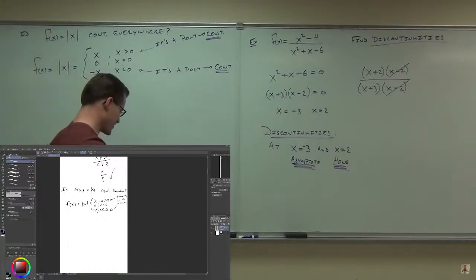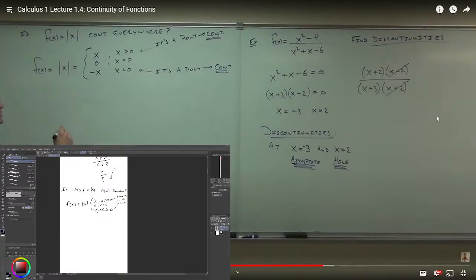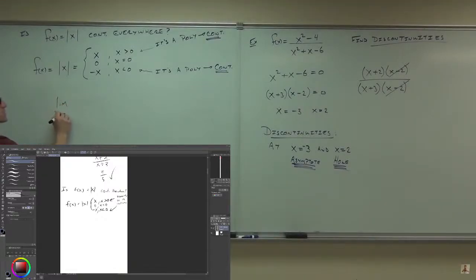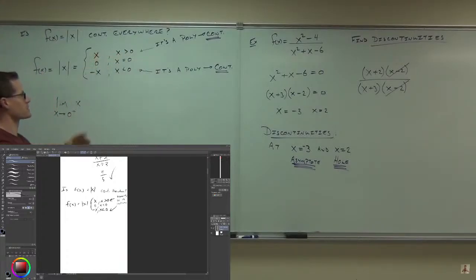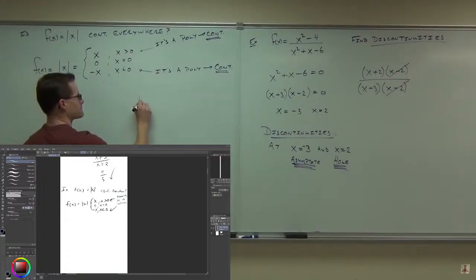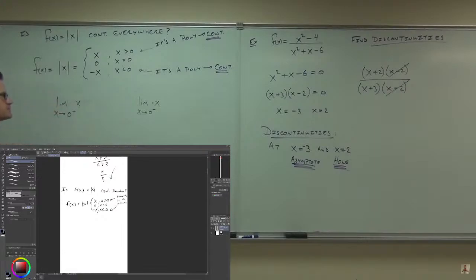Whatever. All right, so let's go ahead and do this. We're going to check the limit as x approaches 0 from the right. Look what we're doing. x is positive, right? So from the right for x, from the left for negative x. And we'll see what each of these things are.